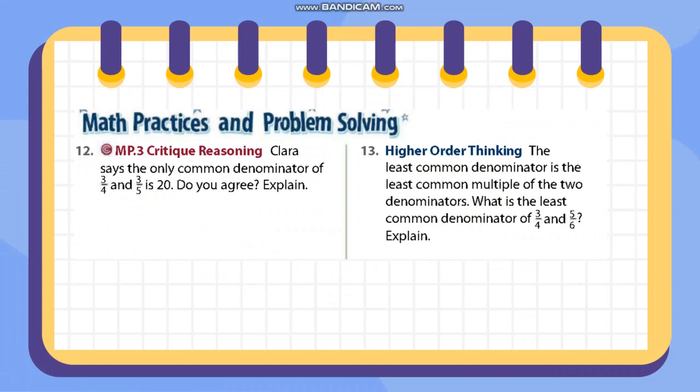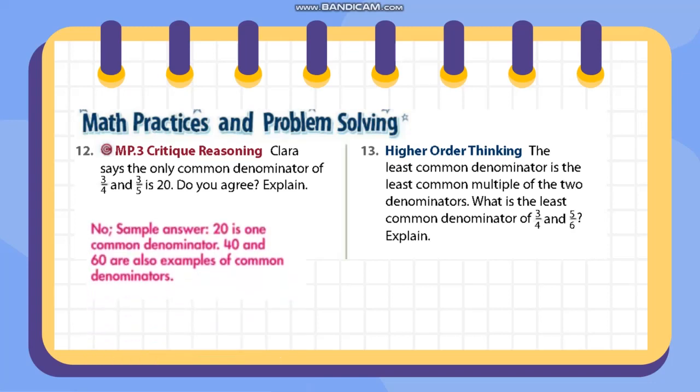Clara says the only common denominator of 3/4 and 3/5 is 20. Do you agree? Of course, the answer is no. 20 is only the sample answer. Why? Because if you're going to use the second way, which is finding the multiples of 4 and 5: 4, 8, 12, 16, 20, 24, 28, 32, 36, then 40, and so on.